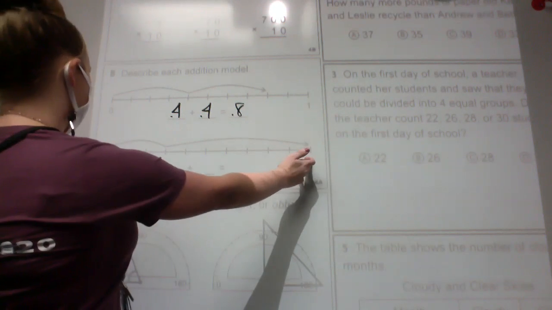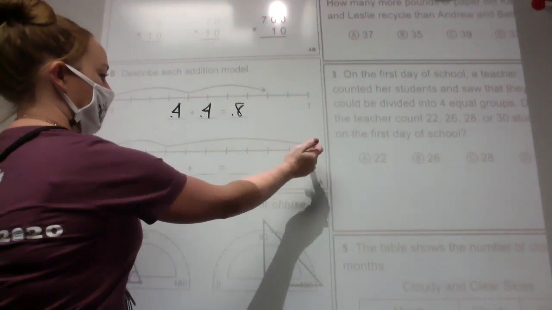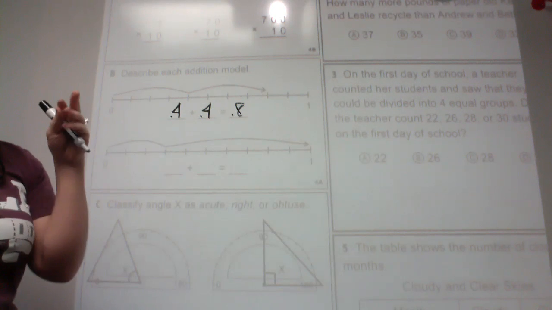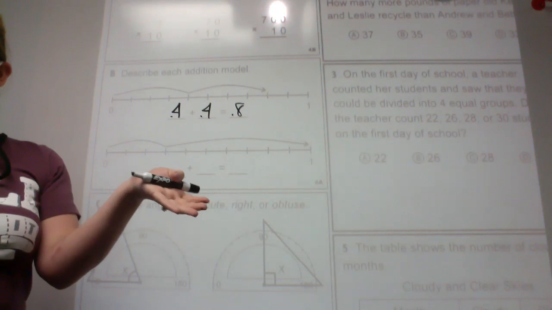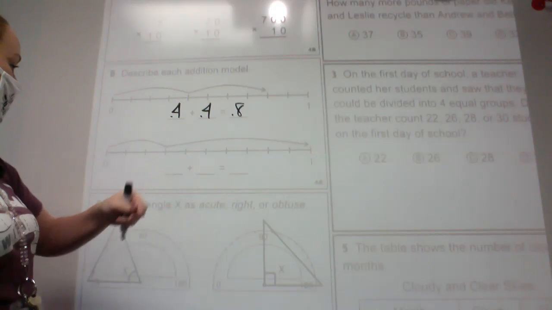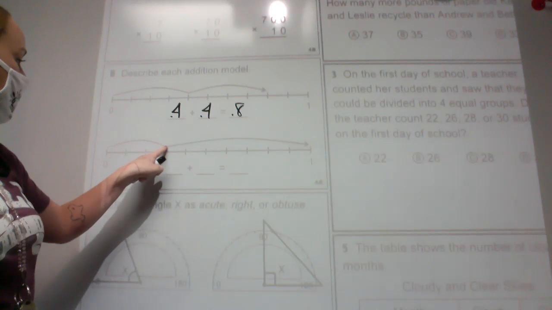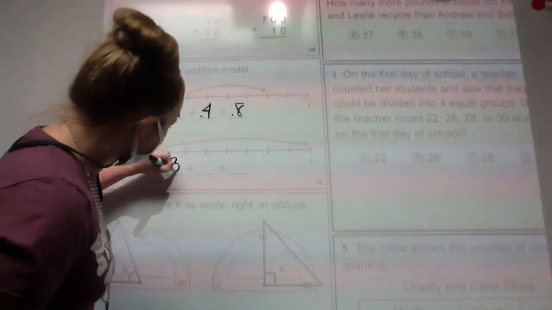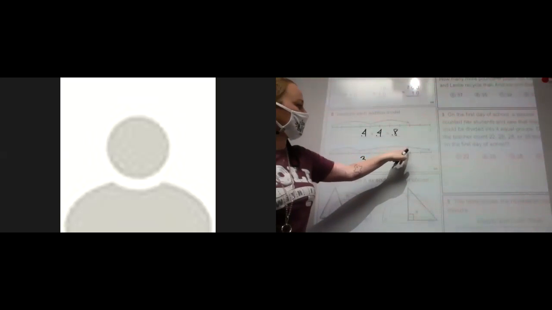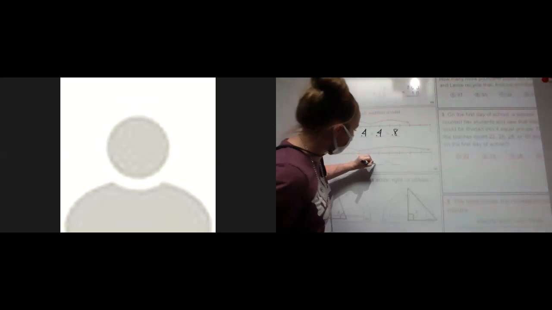Same here, I'm between 0 and 1. It's divided up into 10 pieces, so it's divided into what? Say it. It's divided into tenths, okay? So the first jump is 1, 2, 3 tenths. And then the next jump is 1, 2, 3, 4, 5, 6, 7 tenths.